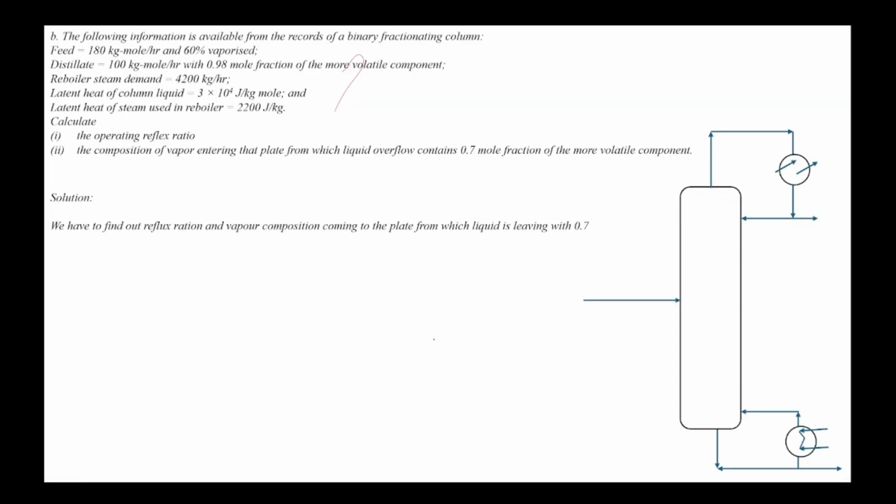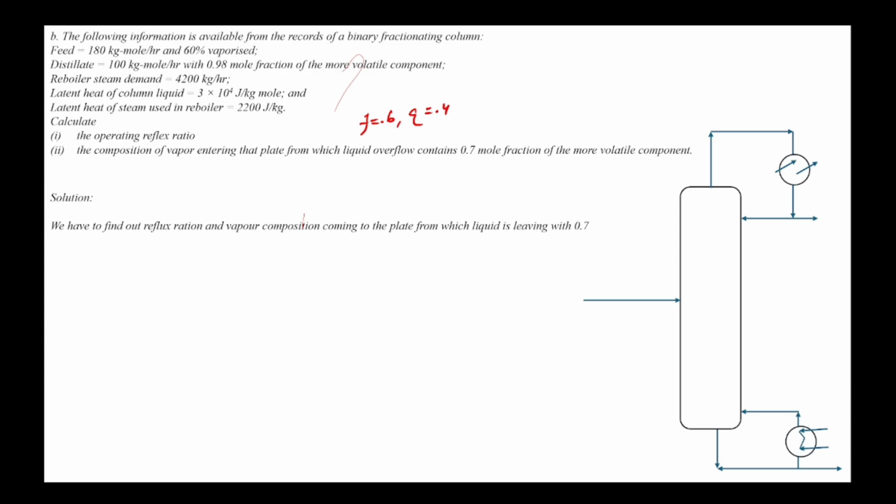Feed 180 kilomole per hour, 60% vaporized. 60% vaporized means we have F is equal to 0.6 and Q is equal to 0.4. Distillate 100 kilomole per hour with 0.98 mole fraction of the more volatile component, that is XD is 0.98.